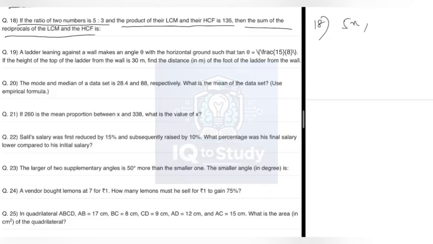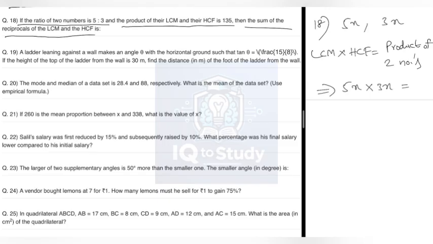Let the numbers be 5x and 3x. We know that LCM into HCF is equal to the product of two numbers, which means 5x into 3x is equal to 135, because in the question they have given the product is 135, which means 15x² is 135 and x² becomes 9 and x is equal to 3.